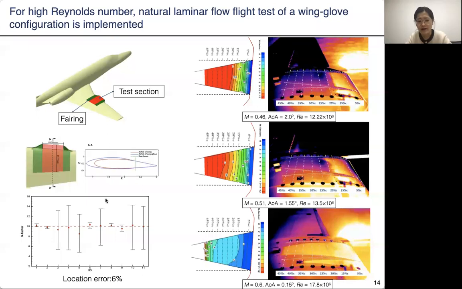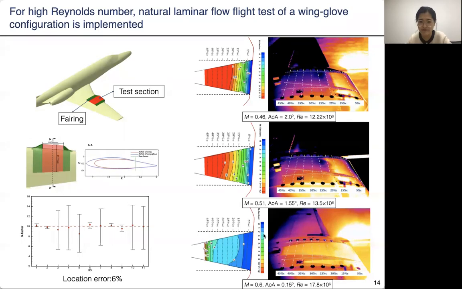So usually, we show the previously critical N diagram by DLR. Usually for the flight test, the TS critical N is larger than 10. Here it is 9 because the flight altitude is only 7 kilometers. It considers the flight safety and makes the Reynolds number as high as possible.